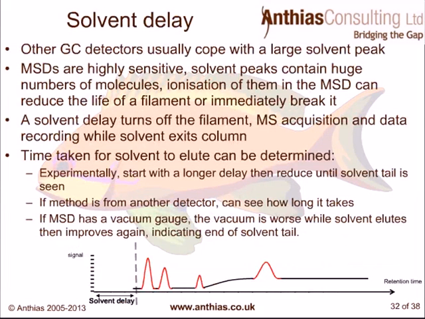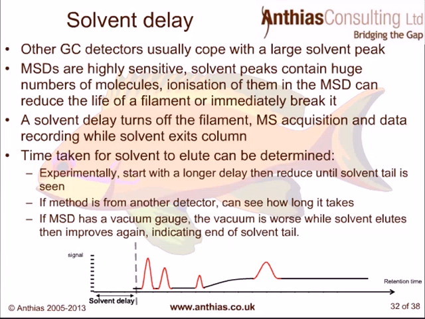Solvent delay. If you're using mass spectrometry, you need to put in a solvent delay, otherwise you'll damage your filaments. So you turn off the MS acquisition and data recording while the solvent exits the column. You can optimize this experimentally: start with a longer delay and then reduce until you see the solvent tail.